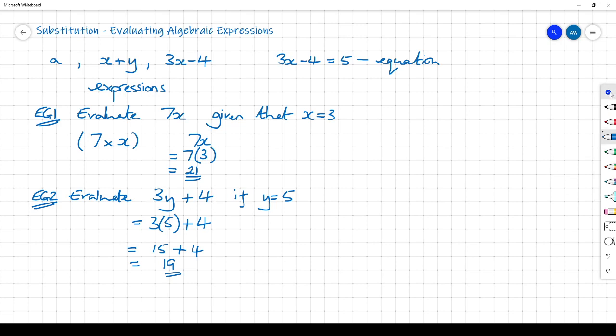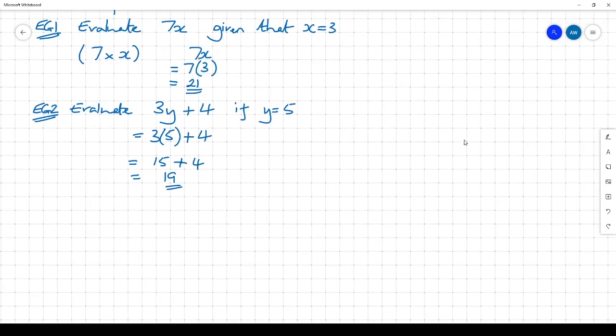Okay, just going to move this up so we can do a couple more examples. Let's have a look at example 3. I'm not going to write evaluate every time now, we know what we're doing, right? Every question is evaluate. What if I had a couple of letters?